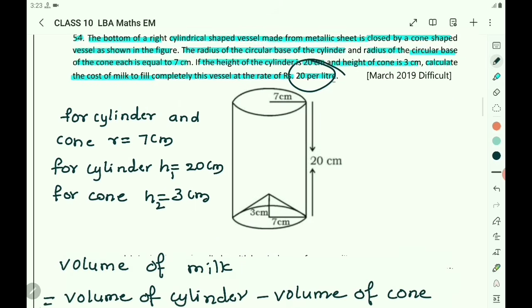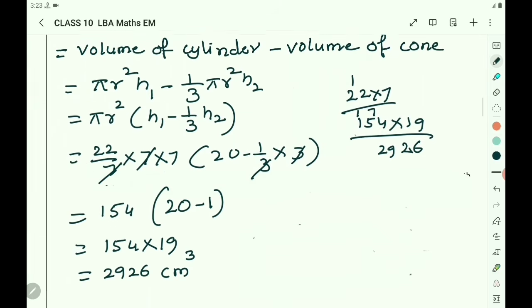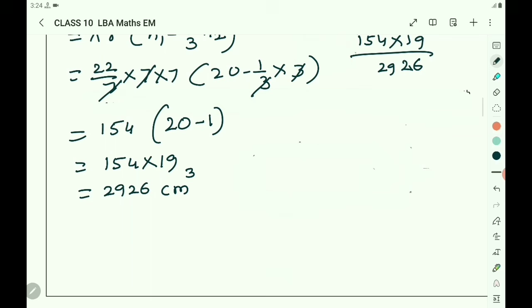So you convert this 2926 into liters, which means we have to divide it by 1000. 1 liter is equal to 1000 cm cube. Therefore, to convert this into liter, divide by 1000. 2926 by 1000 equals 2.926 liter.